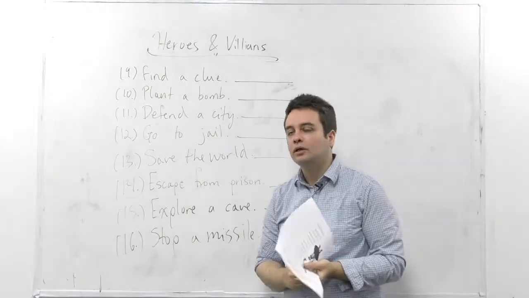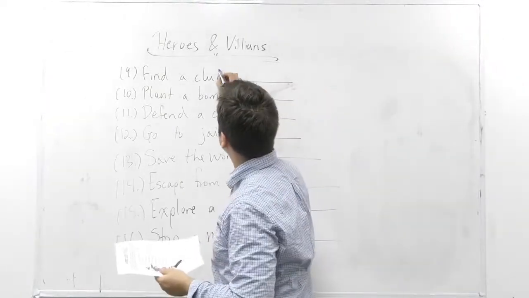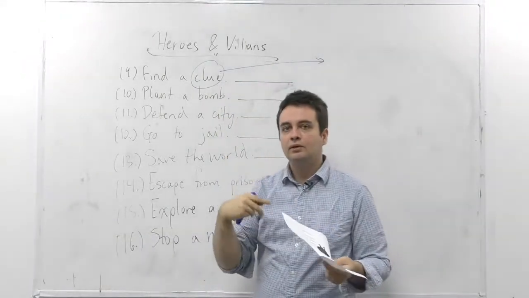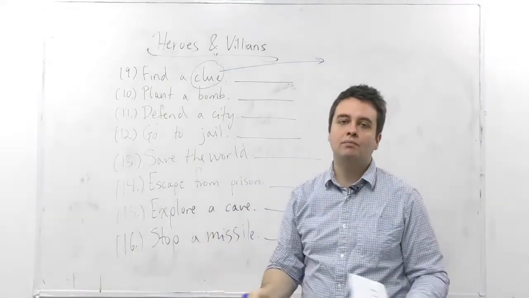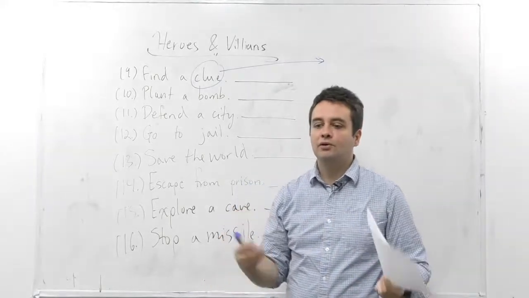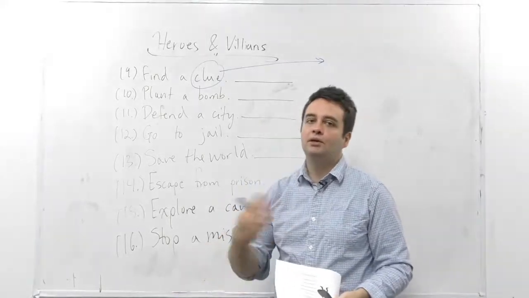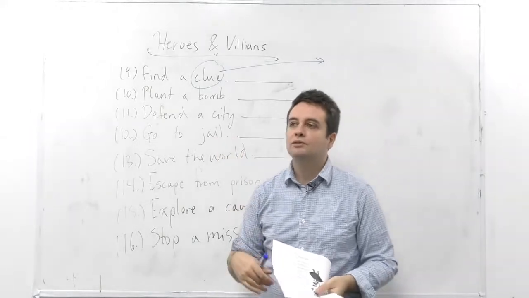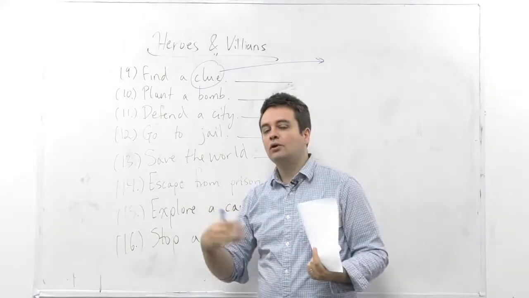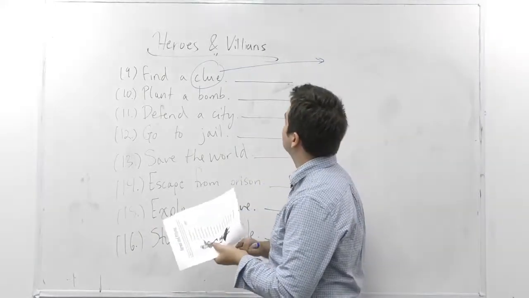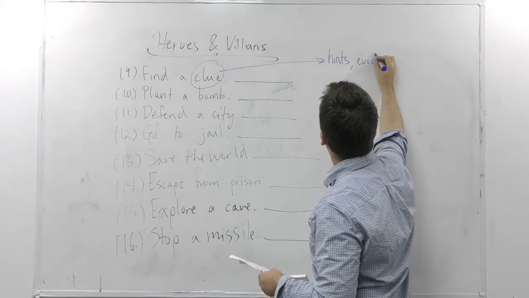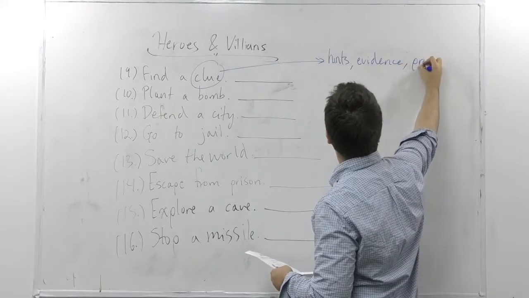What is a clue? So when a criminal commits a crime, let's say they murder someone in an apartment, right? Geez, that's really terrible. Anyhow, let's say a criminal kills somebody in their apartment and then they run away. When the police come to the apartment, they're going to look for clues, because clues will show who committed the crime. So clues are kind of like hints, evidence, or proof.